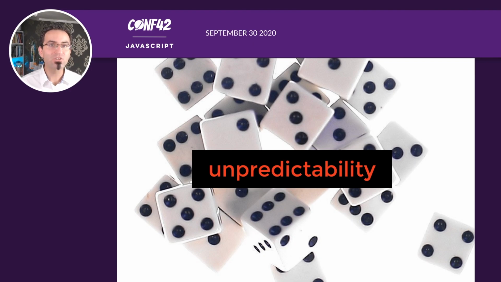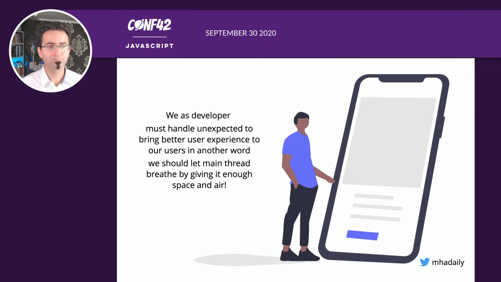And that brings unpredictability to our application. It runs well in one browser or one desktop or screen or device, and it doesn't work properly in another one. So we want to get rid of this unpredictability and make our application more predictable, right?